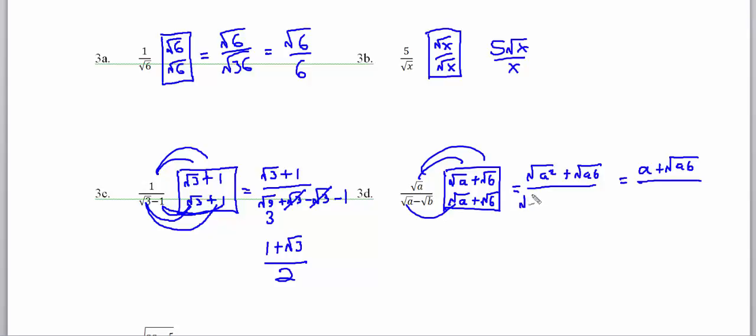So this is going to be the square root of a squared. This is going to be positive square root of ab. This is going to be negative square root of ab, and this is going to be negative square root of b squared. So those go away, and that gives me the square root of a squared, which is a, minus the square root of b squared, which is b. So now I have a plus the square root of ab over a minus b. And notice my denominator does not have any more radicals in it.